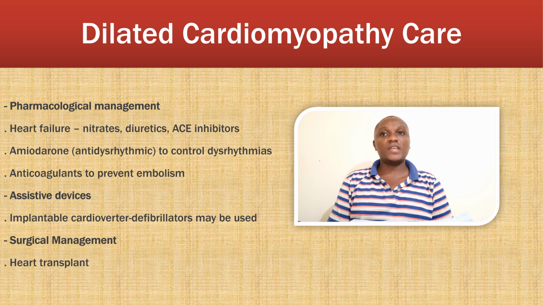We will also use amiodarone, which is antidysrhythmic, to control dysrhythmias. We will use anticoagulant agents to prevent embolism. The assistive devices that can be used in dilated cardiomyopathy are implantable cardioverter defibrillators, and the surgical management is heart transplant.